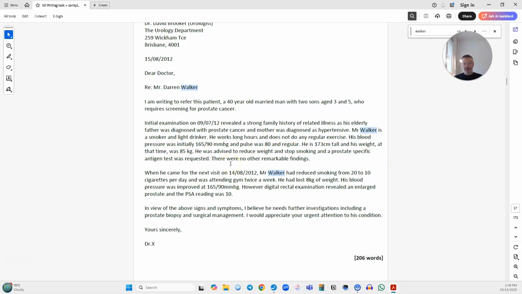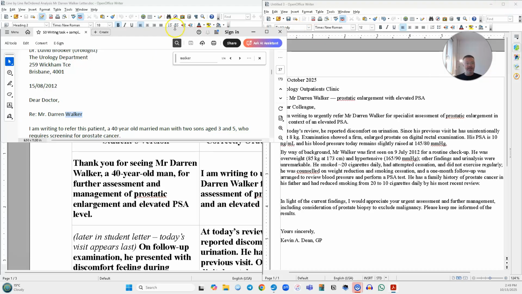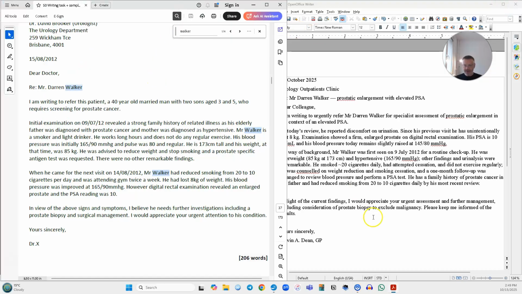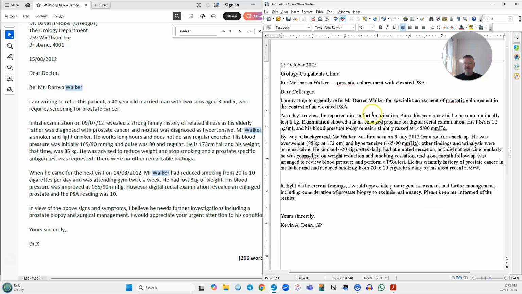Okay, so the purpose must be immediate. Okay, and not contain any irrelevant information. Let me just put this over here. Okay. So I did a rewrite of this. My student sent me a letter very similar to this one on the left.